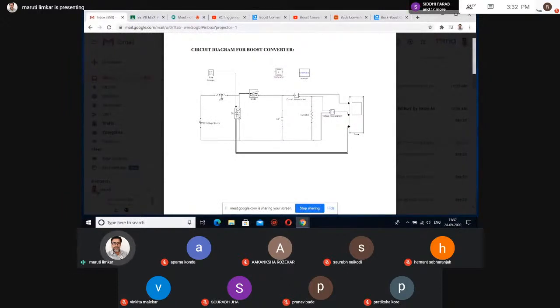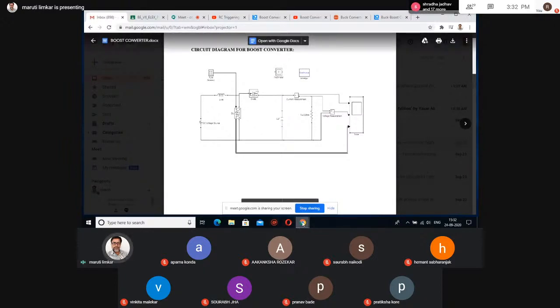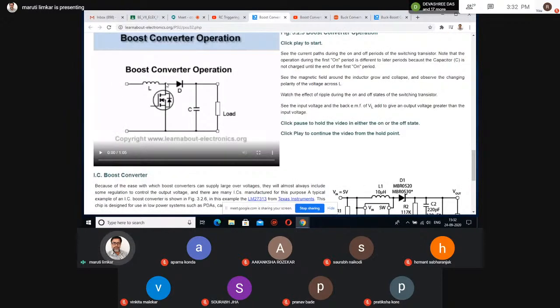If the connection is wrong, it shows a red dotted line, and if the connection is right, then it shows a thick bold line. Okay, so positive is connected to the inductor. Then the second terminal of the inductor is connected to your switch and the anode of the diode. The switch's second terminal is connected to the anode of the diode and the semiconductor device.